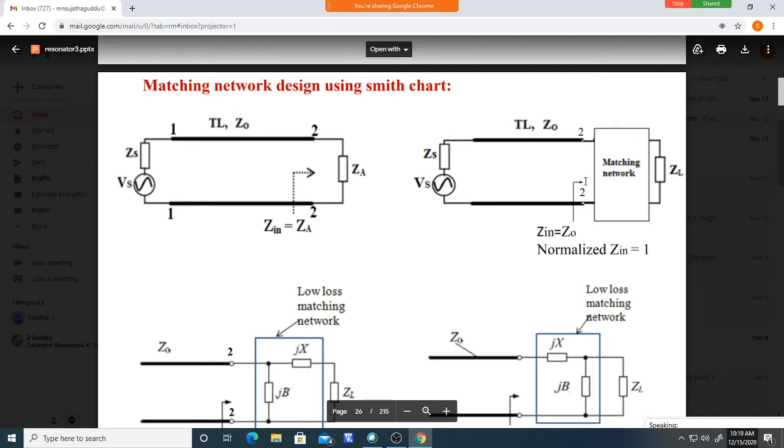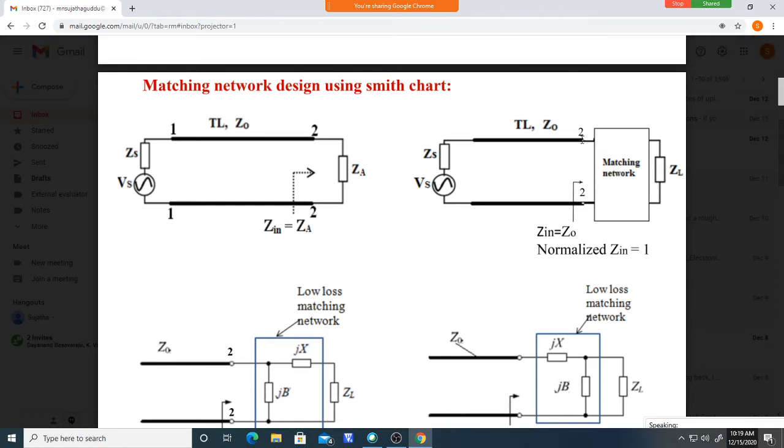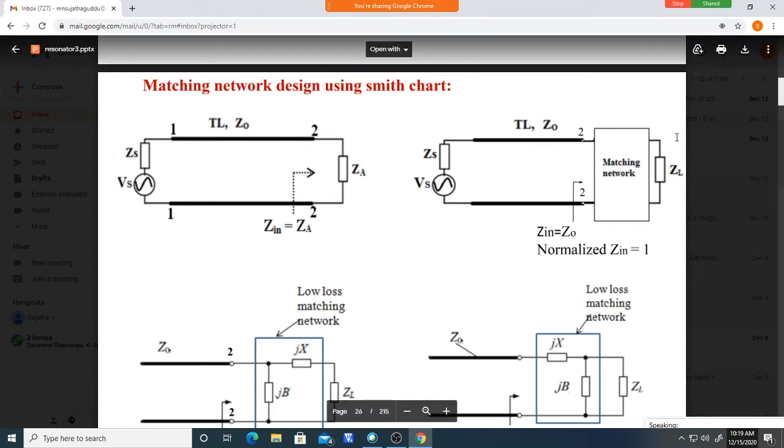If you connect some network here and make the impedance between two equal to Z naught, then this source delivers maximum power to terminal 2, that means to the network, whatever the rest of the circuit is.